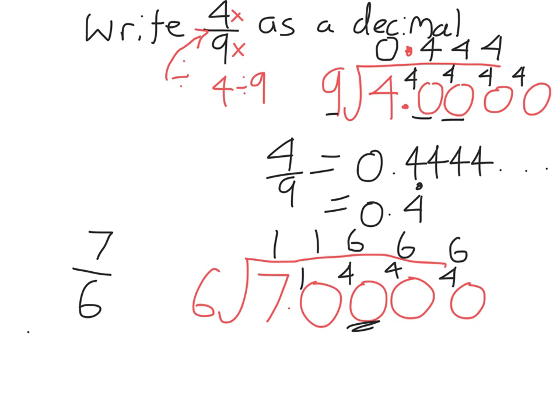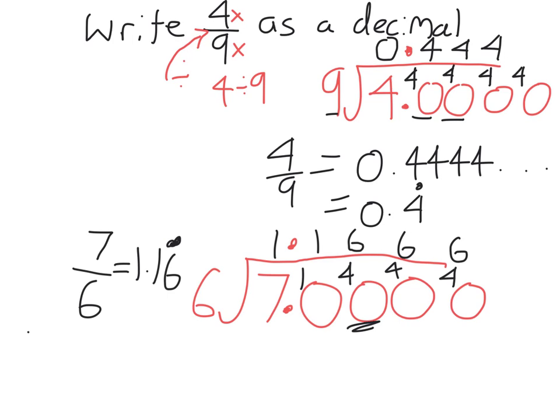But you can probably see by now that the 6s are just going to keep going forever and ever. So I can stop once I see the pattern. Again, the decimal point has to be above the decimal point. So what I figured out is that 7 over 6 is 1.1, and then only the 6s go on forever. So we say that 7 over 6 equals 1.16 recurring.